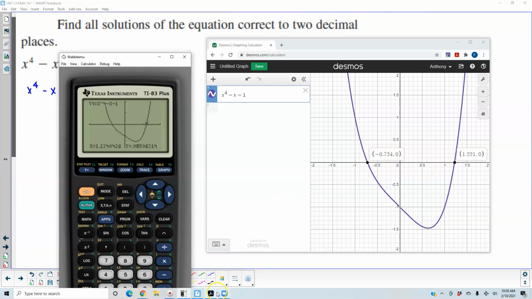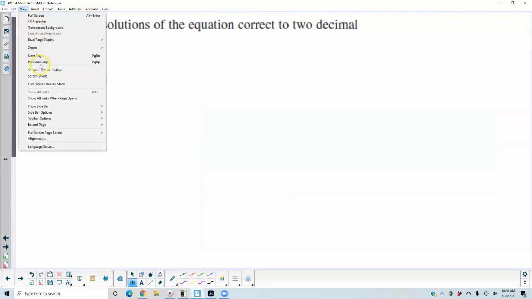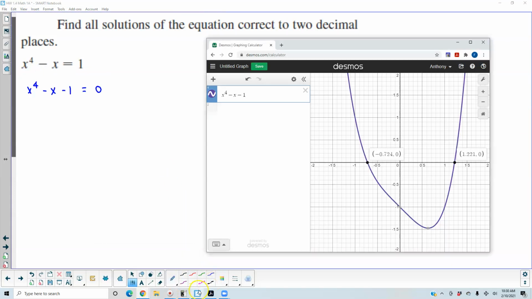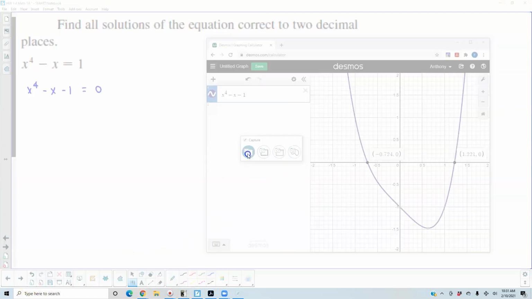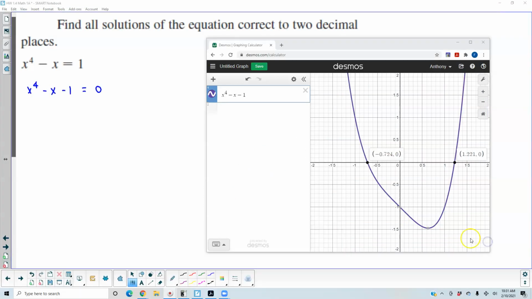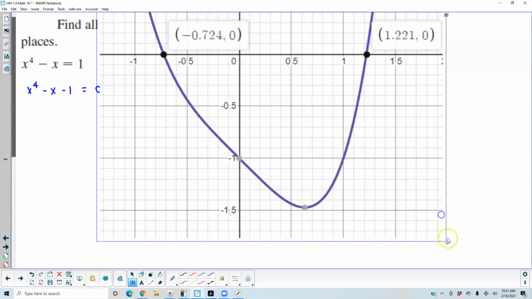So therefore, go ahead and copy that. So therefore, here is our graph.